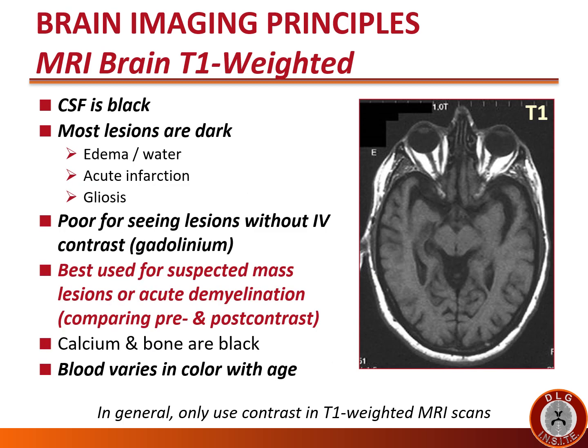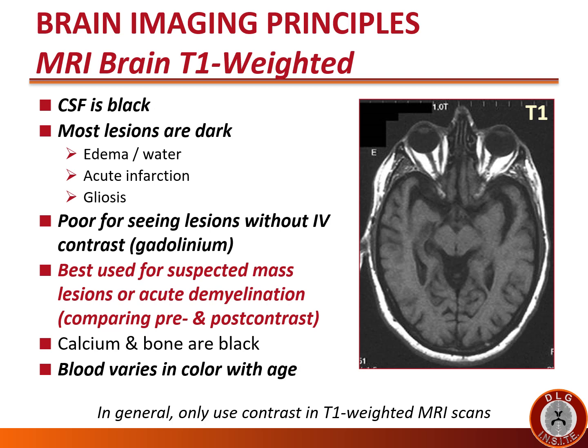On MRI brain T1 weighted images, cerebrospinal fluid, CSF, is black, and most lesions are dark, including edema, water, acute infarctions, and gliosis. T1 weighted images are poor for seeing lesions without IV contrast or gadolinium.